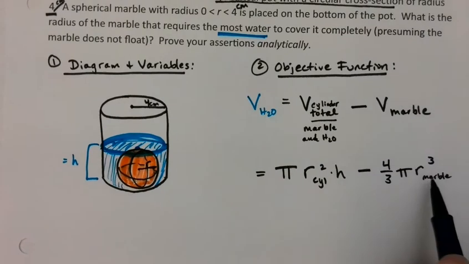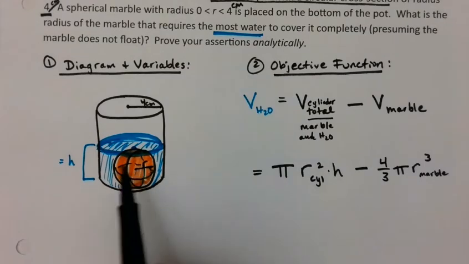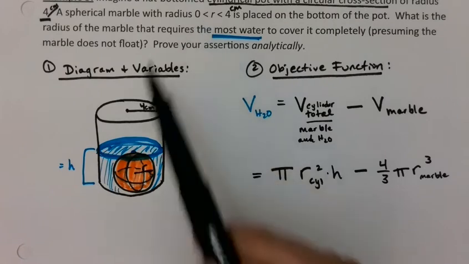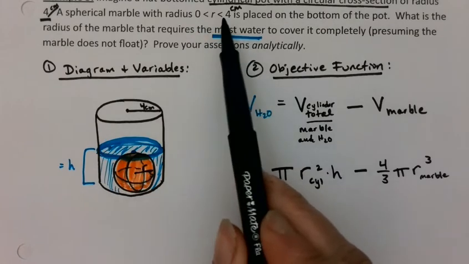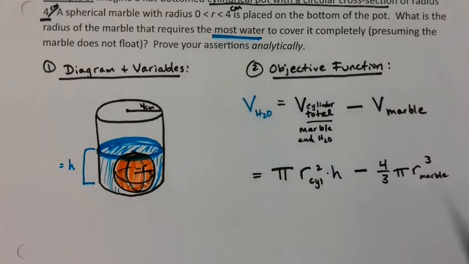Which, that's our variable right there. So I can really kind of erase the marble part because we kind of know that's what we decided our r is going to be, because that's the thing that's varying. You can see right here the radius of that marble can go as low as 0 and as high as 4, not inclusive, of course, because if it was a radius of 0, it wouldn't exist as a marble.